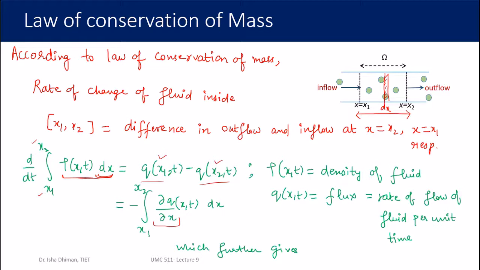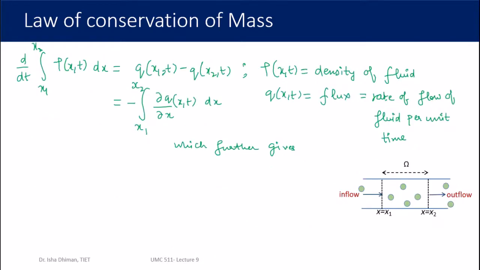Therefore a negative sign has been taken outside, because only this much will give you q(x2, t) minus q(x1, t), since the integration is with respect to the x variable, so t remains just t. It's a partial derivative involved over there. And since I want q(x1, t) minus q(x2, t), that's why the negative sign has been taken outside. So that gives you this equation.